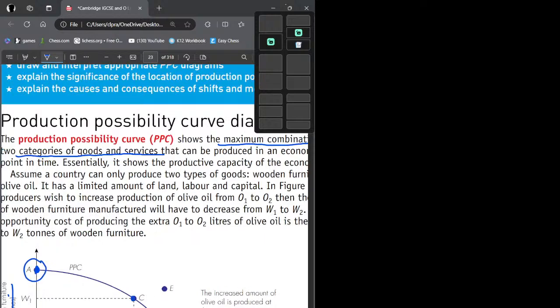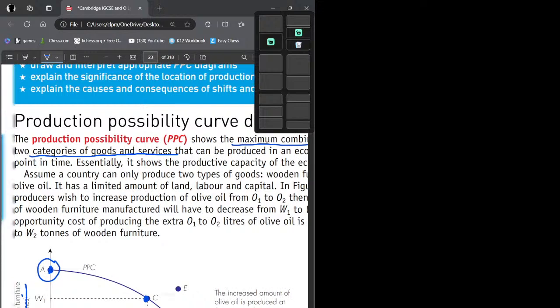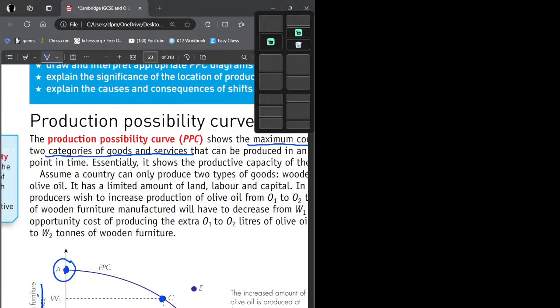If the point is at C, that means that the economy or the country is producing W1 of wooden furniture and O1 of olive oil. And if the point is D, that means the country is producing W2 of wooden furniture and O2 of olive oil.